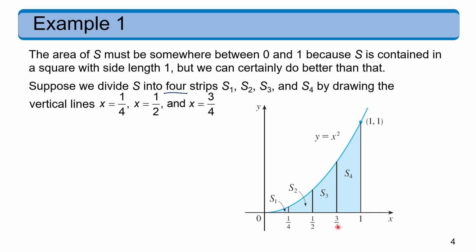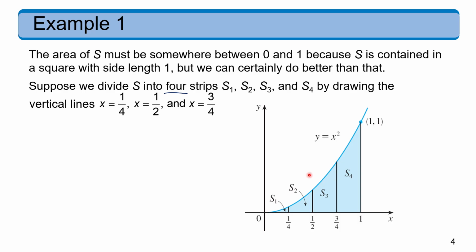And then the next question is where to put the top of each rectangle. For example, this rectangle we're calling S3, we could put the top midway between the left and right sides we've drawn, or it could be up at the highest point or down at the lowest point or anywhere in between.